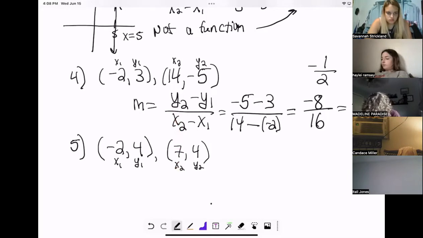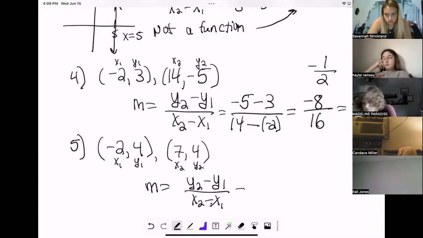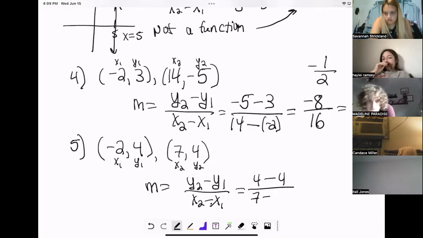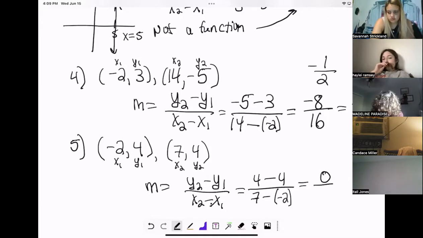So m is equal to y2 minus y1 over x2 minus x1. So y2 is 4 minus y1 is 4 over x2 is 7 minus x1 is -2. So 4 minus 4 is 0, and 7 minus -2 is going to be 9. So this time my slope is 0.